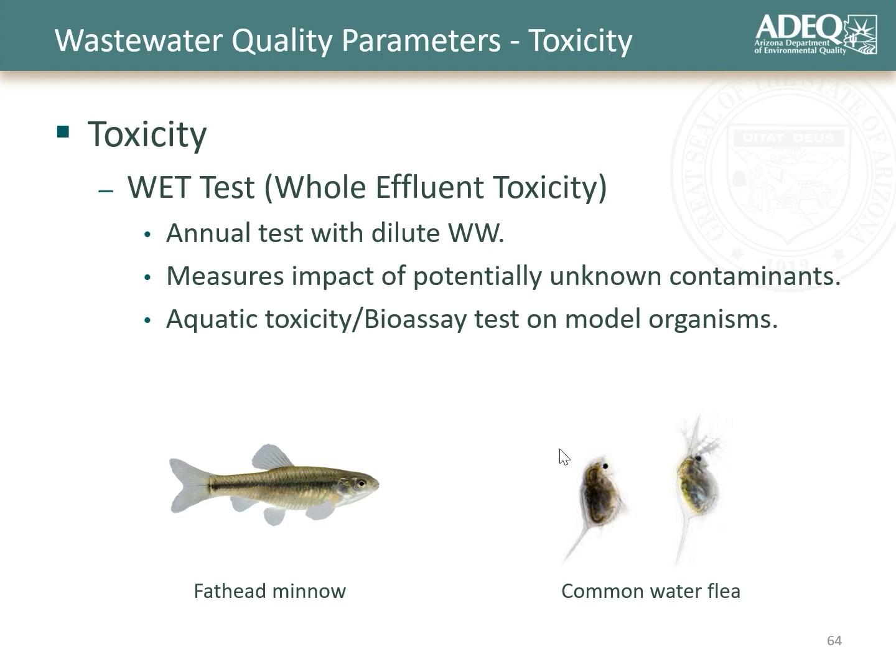Unfortunately, we cannot test for everything. So this is a rough way to understand if there's something else going on at your treatment plant that is just unknown, because maybe you have an industrial discharger that's discharging to your treatment plant that is causing some potential harm in the environment. This is a way to be able to measure it. So, just an important test to think about. And most of the time, these tests are performed at third-party labs because the amount of testing and credentials needed for this are pretty extensive.